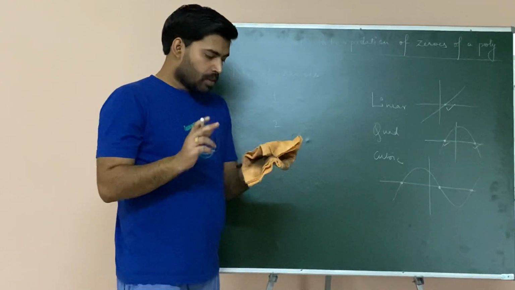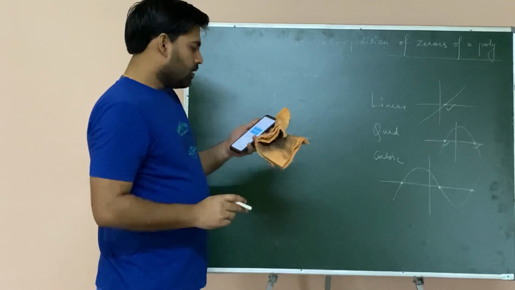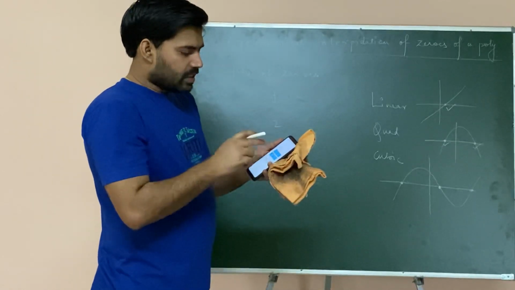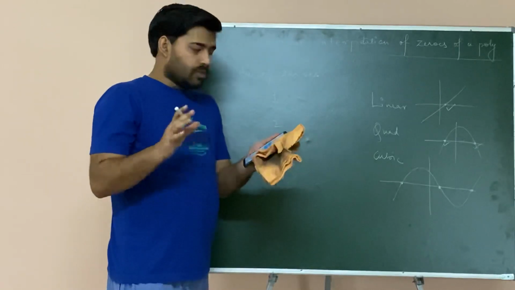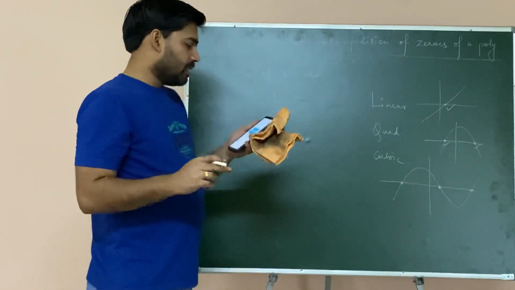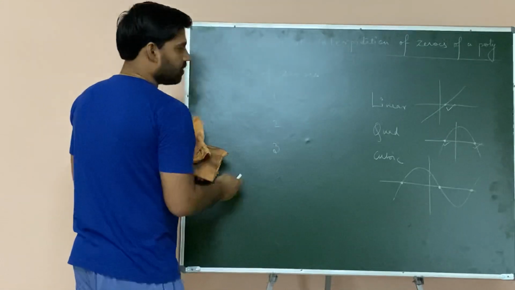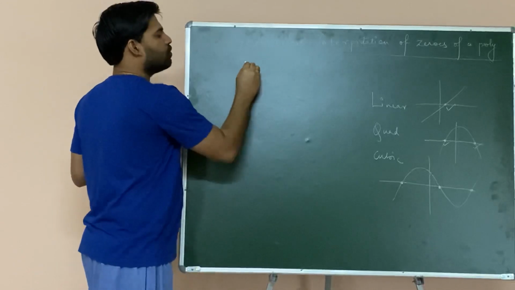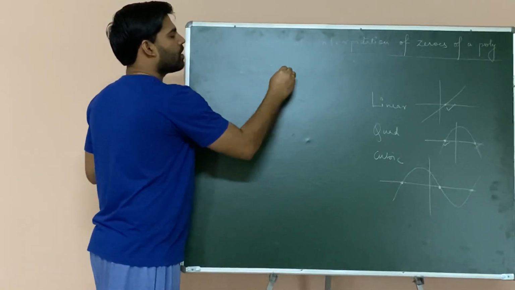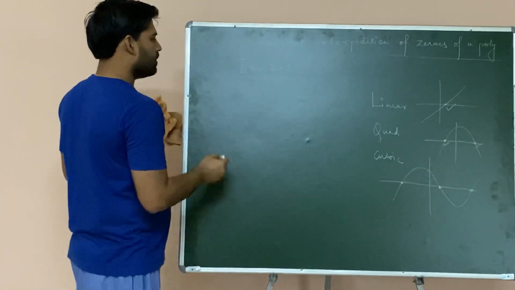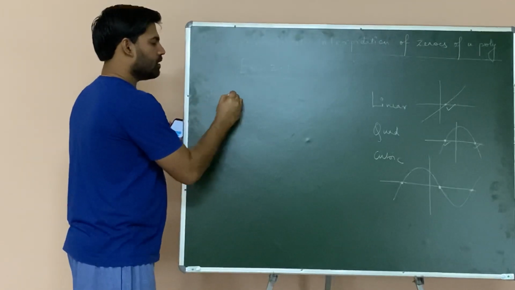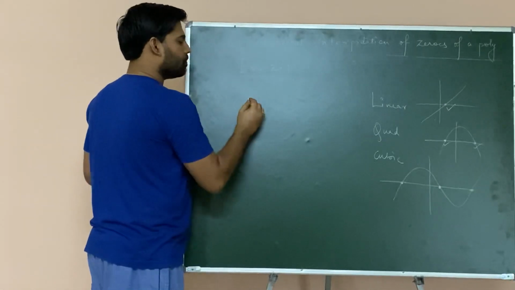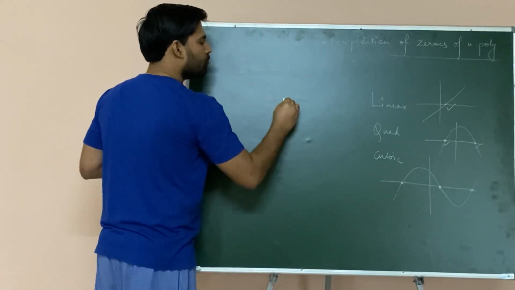Now if you move on to the questions, exercise 2.1 from NCERT, you will find the first question, only one question is there, and in that question there are 6 parts. In these 6 parts you need to find the zeros of the polynomial from the graph. Here you need to understand that the polynomial is like y is equal to p of x.